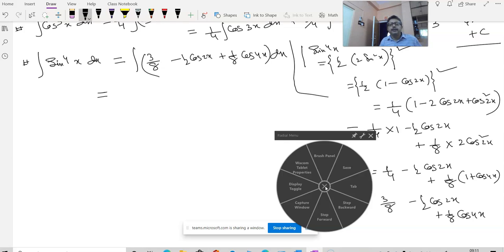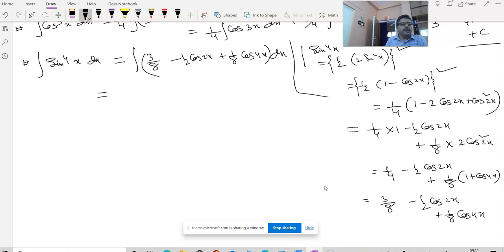Then it's coming. The answer going to be 3 by 8 into x. Cos 2x is sin 2x by 2, sin 4x by 4 plus c.